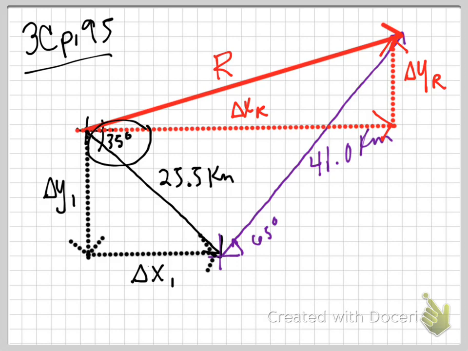It's right there. Is my angle inside my triangle? No. So, the finer points. Remember that vectors can always be moved parallel to themselves.